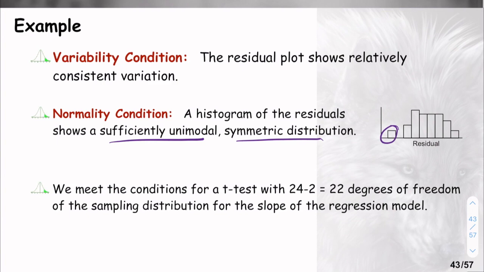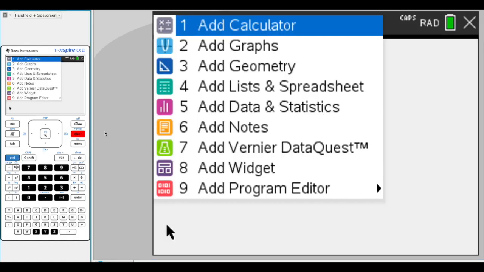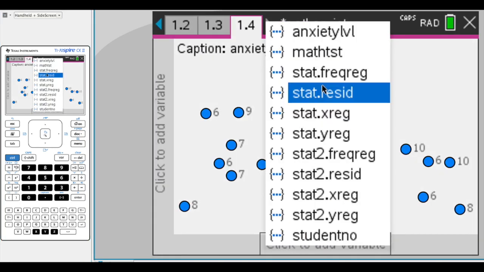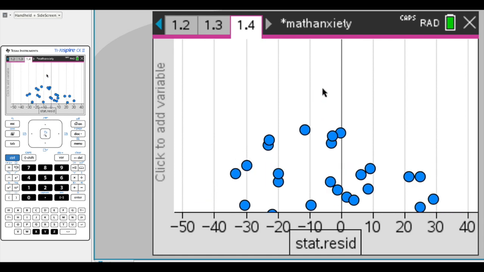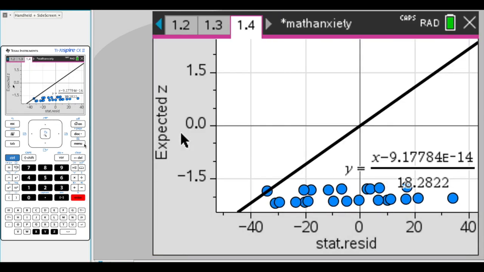We should also, if you want, take another statistical look by making a new document, a data and statistics page. We could do the exact same thing if you don't like a histogram: we grab our stat resid and do a normal probability plot.